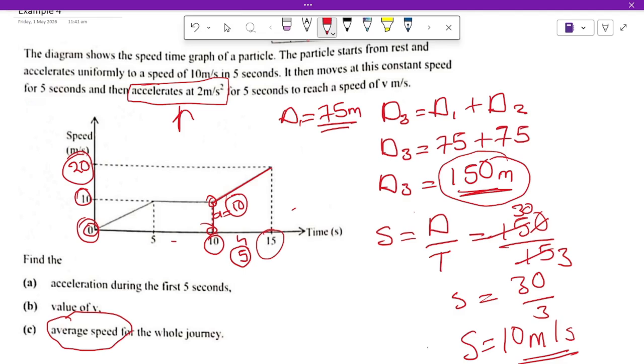Look at what they have given you. Have they given you acceleration? If they've given acceleration and then ask you to find one of the hidden values, it simply means you need to use the formula for finding acceleration. If they've already given you distance, then you need to use the formula for finding distance for that particular shape to find the hidden value. So please pay attention to the question.